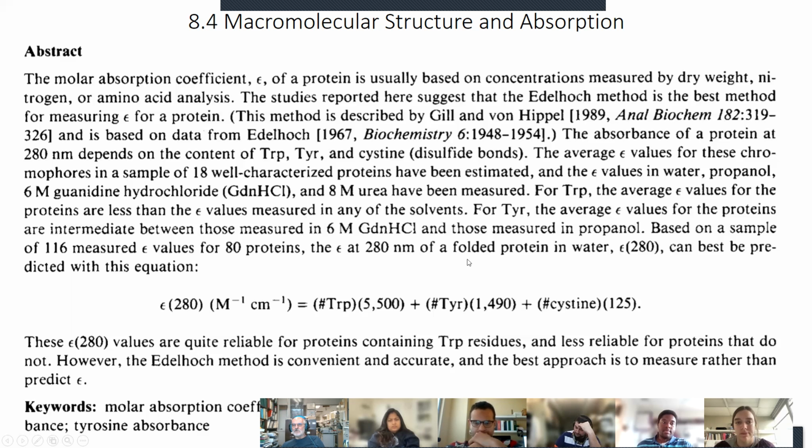Does it matter that it's a folded protein versus a denatured protein in urea or guanidine? All of these are considerations, and a lot of people in the field contribute to this. But the general basic theory that comes out of this paper is that for folded proteins in water, this formula is a reasonably accurate way of predicting an extinction coefficient.